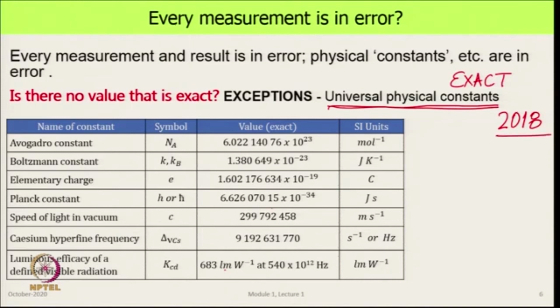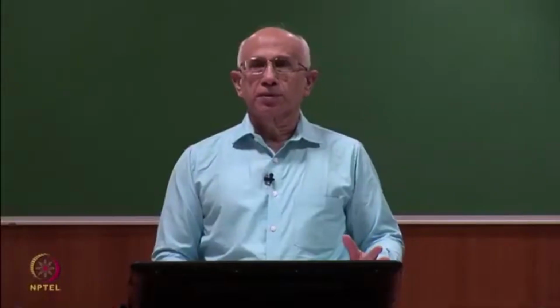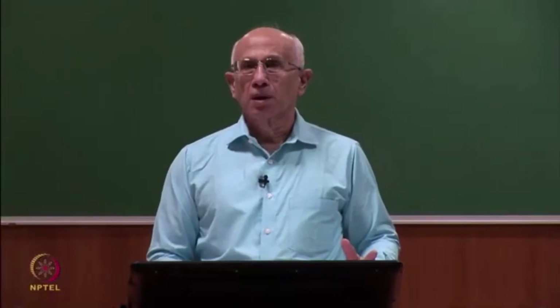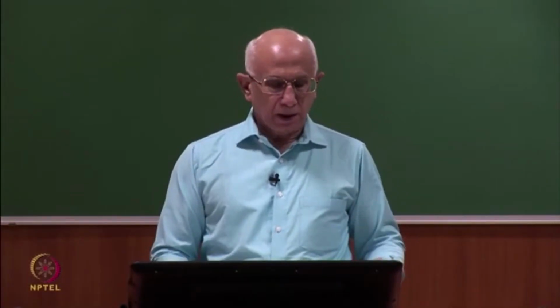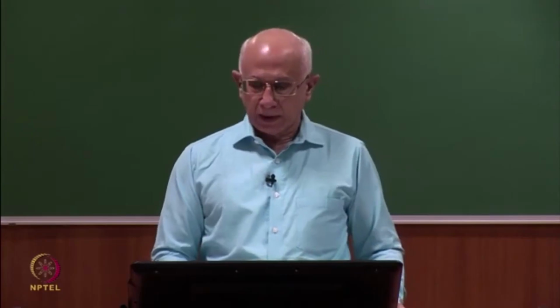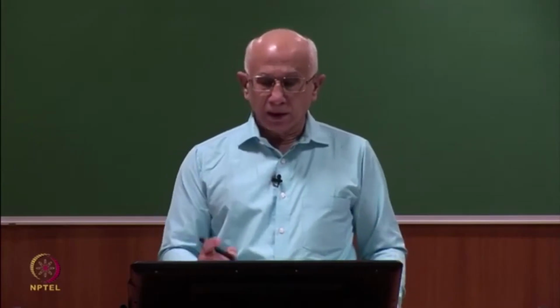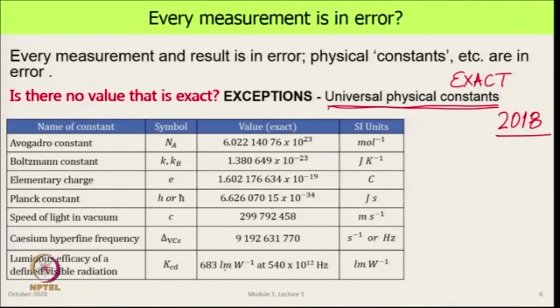Just 2 years back, scientists decided that these are the parameters or the physical constants which are exact, nothing else is exact, that is one. Second, they said, well, what is the value of these numbers if these are exact? So, you can see here in this table it says exact value. There is no uncertainty in these.